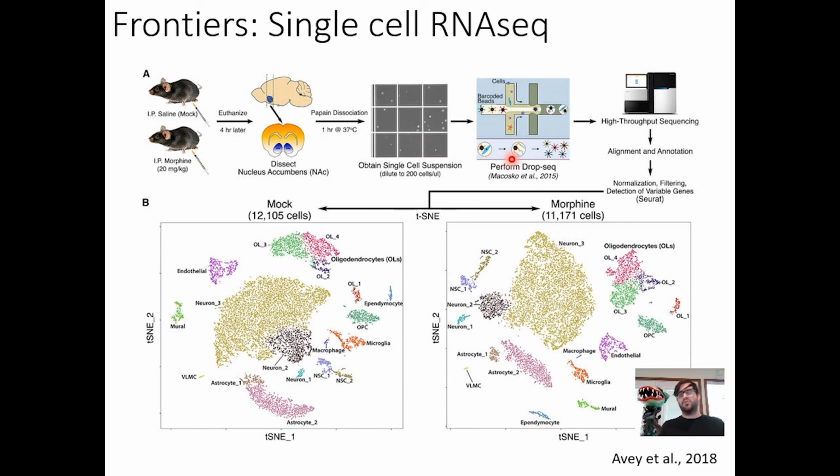And then we would perform what's referred to as DropSeq, where we take each one of these cells and run it through in one channel, we run a set of barcoded beads into another channel, and then we have a suspension of lipids in another one.